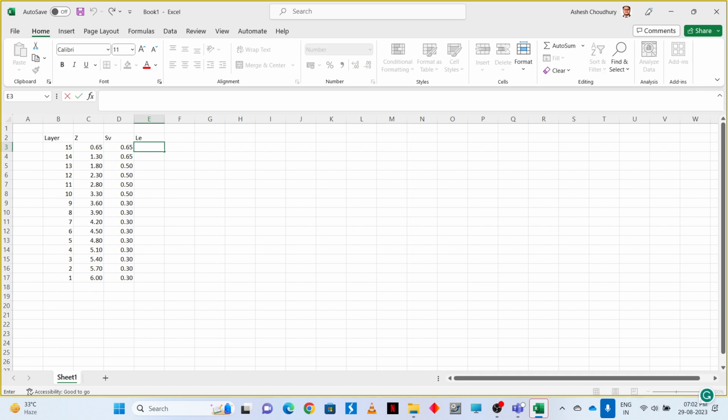Now what is the expression for LE? LE is equal to SV divided by 16 times Z, into 6.55 times Z plus 3.64. Did I do some mistake?